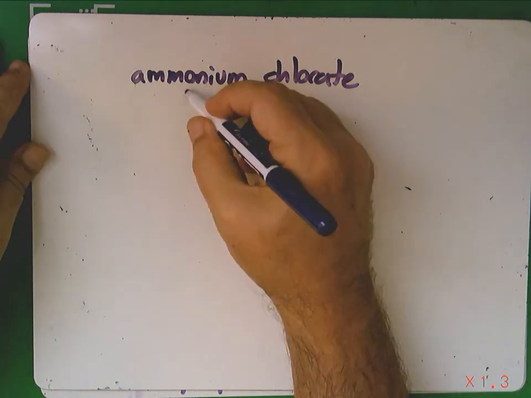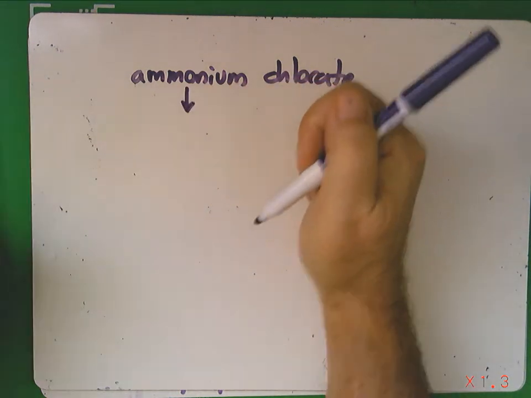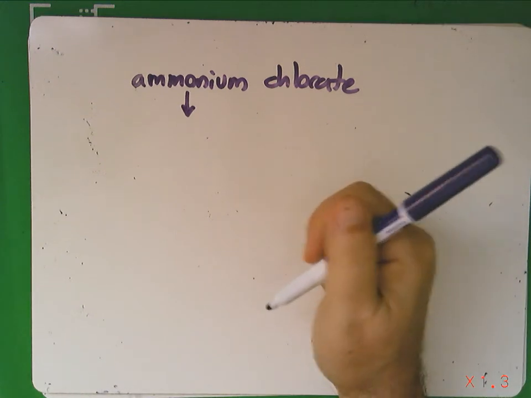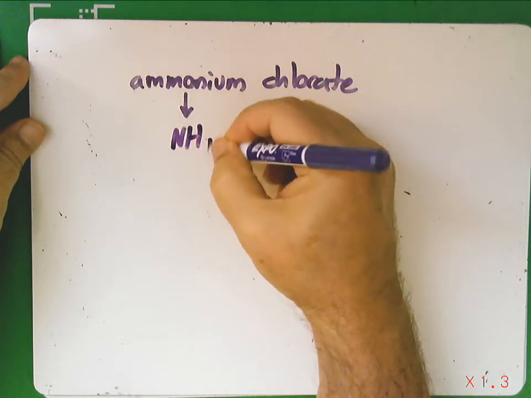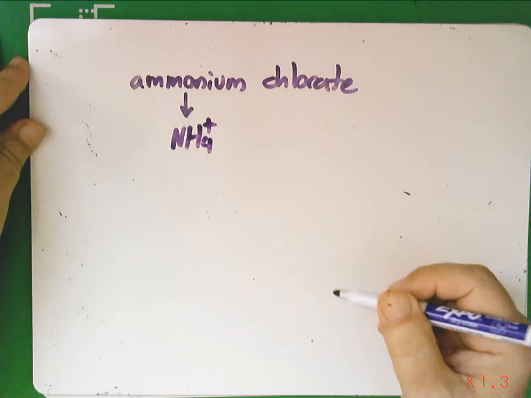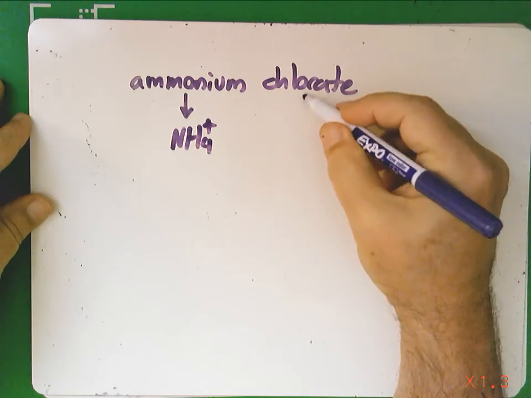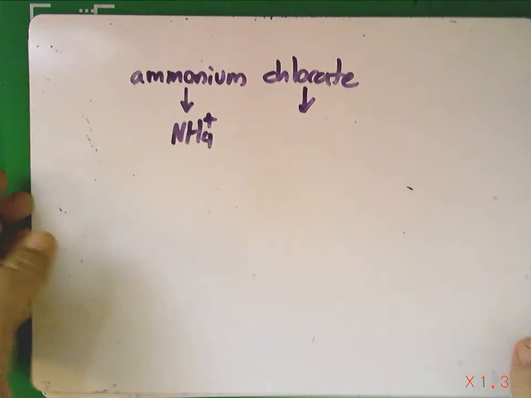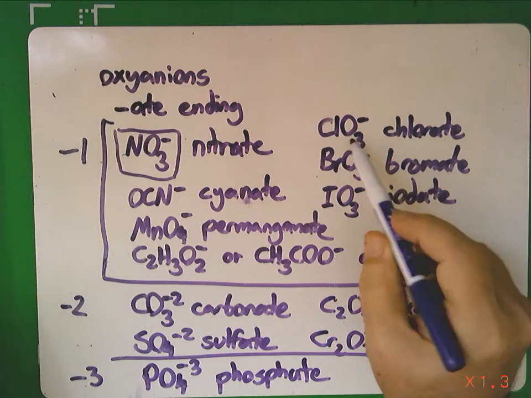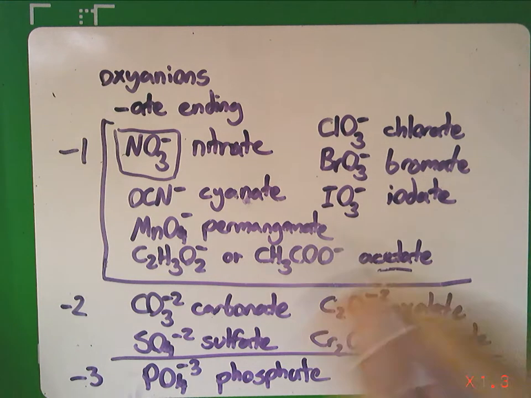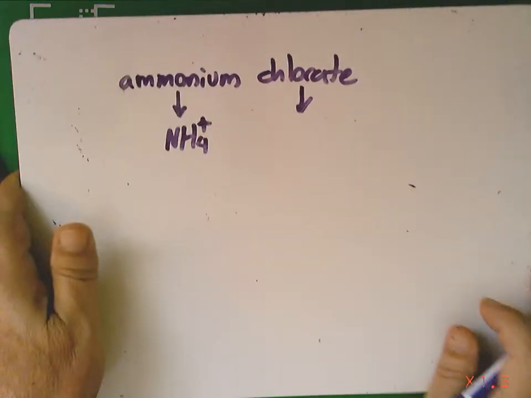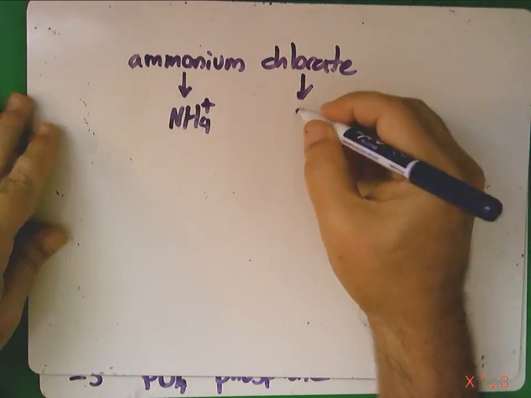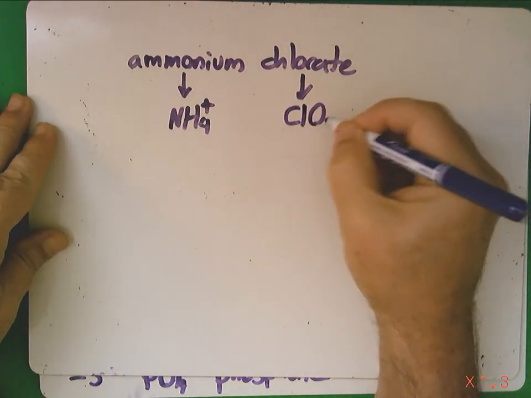Well, you know from the last video that ammonium, excuse me, is NH4 plus. And you know from what we just went over that chlorate is ClO3 minus. So you're going to need to have that tips sheet with this table in front of you for a little while until you learn them. And you write down the formulas.